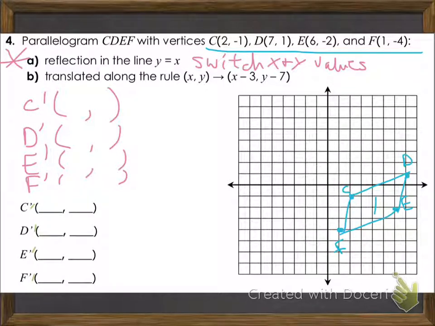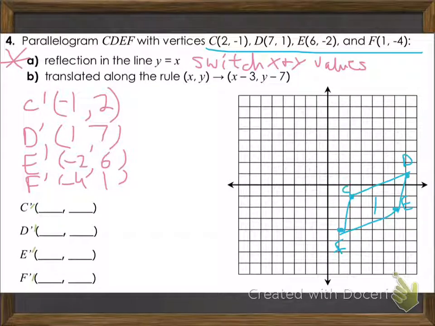So from C to C prime, I'm just going to have negative 1, 2. You're just switching them around. For D prime, it's going to be 1, 7, because again, you're just switching the numbers around. For E prime, we're going to have negative 2, 6. And then for F prime, we're going to have negative 4, 1. So now we plot our points.